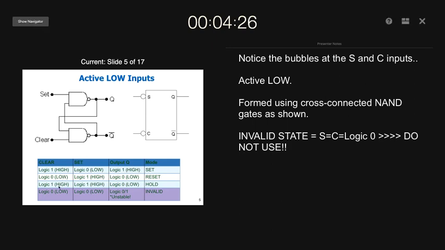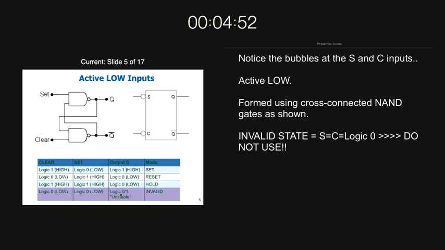And if we want to hold the output Q at its previous state, so this is the hold or no change mode, then clear and set are both high. Again, don't activate both inputs, which in this case means logic 0, because the output Q, no idea what it's going to do.